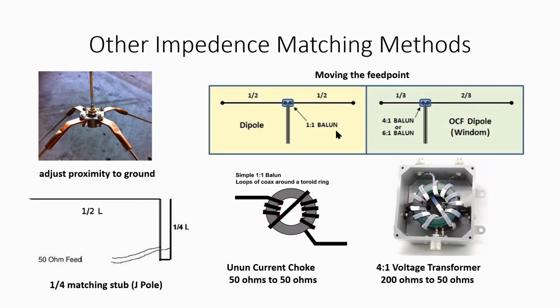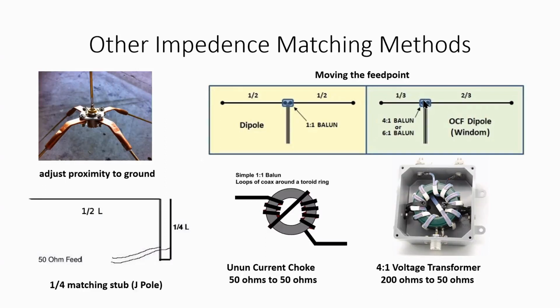These two dipoles have different feed points. They could both be multi-band dipoles, but it's easier with this off-center fed dipole here because it has harmonic resonant points that are tapped into right here.